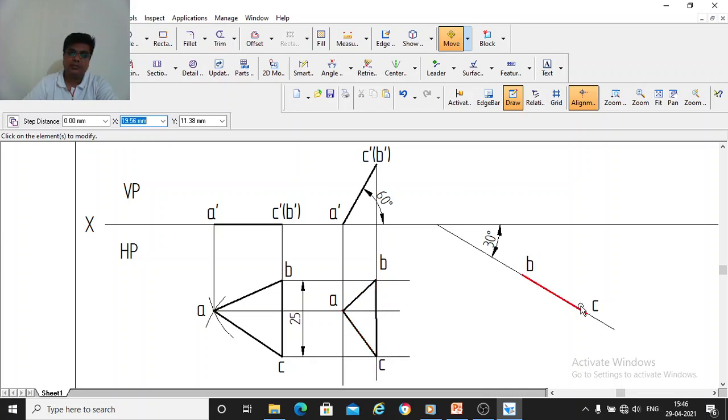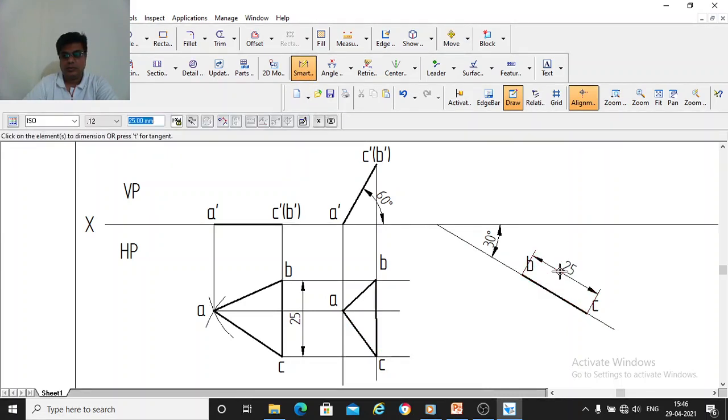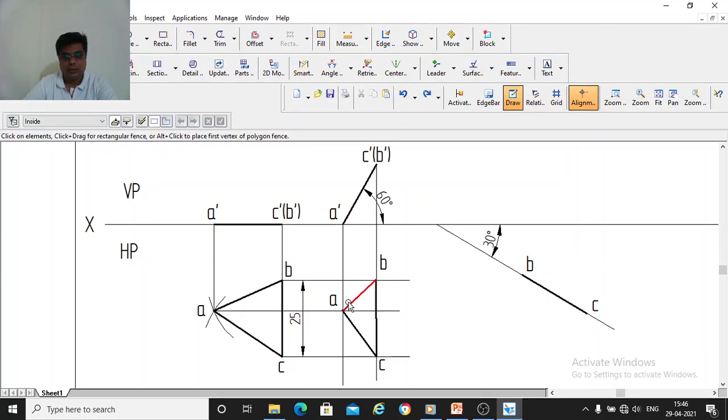BC you are known, it is 25 mm. Anyway, then you draw BA and CA on this. So with the compass measure this BA and draw here, and measure this and draw here. Anyway, this dimension I will just check out.